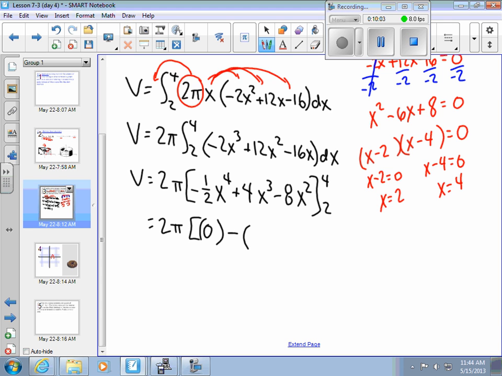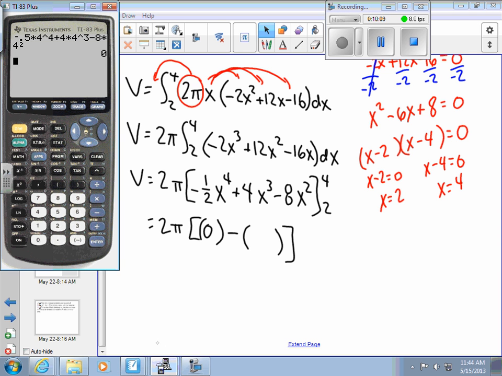Minus, now we got to see what do we get when we plug in 2. So we want to do the same thing, plug in 2. If you plug in 2, get negative 1/2 times 2 to the 4th plus 4 times 2 to the 3rd minus 8 times 2 squared.